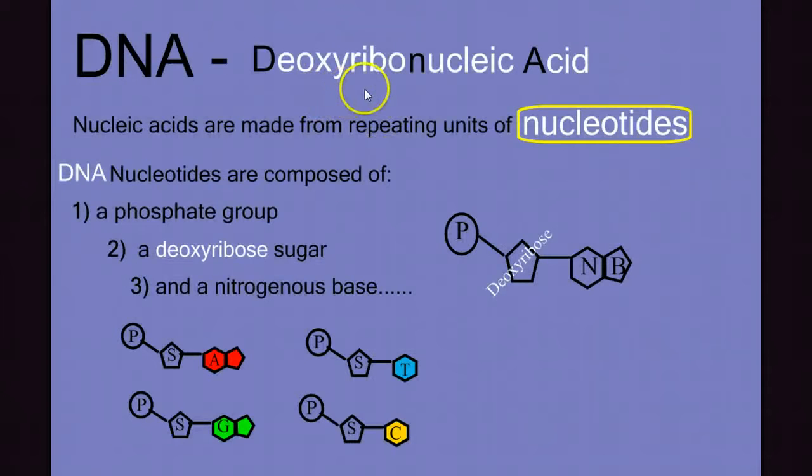DNA, or deoxyribonucleic acid, is made of repeating units of nucleotides, and each nucleotide is made of a phosphate group, a deoxyribose sugar, and one of 4 nitrogen bases, giving us adenine, thymine, guanine, and cytosine.